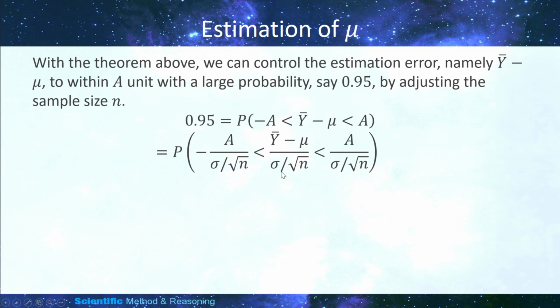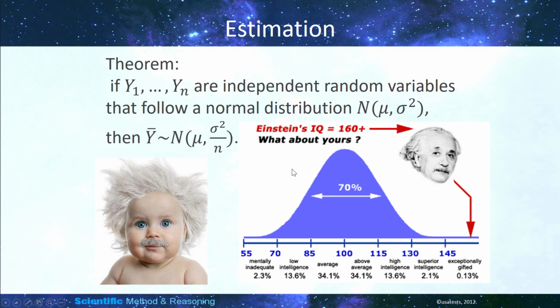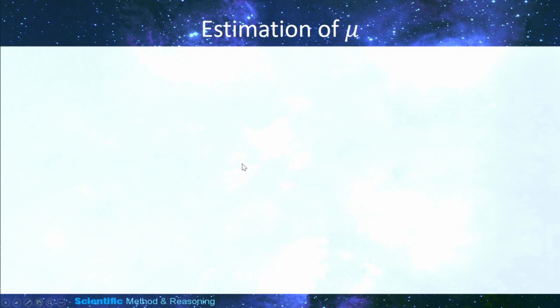The square root of the variance of y bar is sigma over root n. From the last theorem, the mean of y bar is mu and the variance is sigma square over n. So a Z transformation of y bar would be y bar minus mu, divided by the square root of sigma square over n.